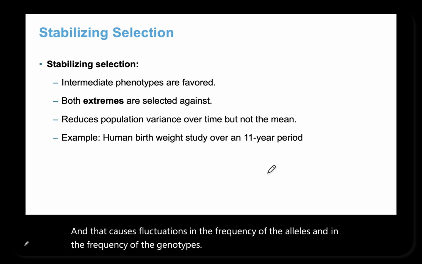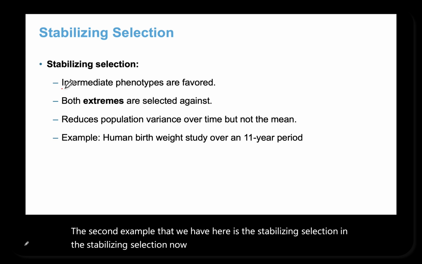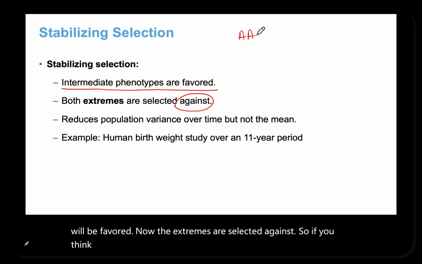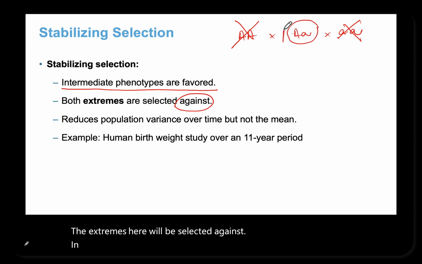The second example that we have here is stabilizing selection. In stabilizing selection, it is the intermediate phenotypes that will be favored. Now the extremes are selected against. So if you think about our initial example, the extremes here will be selected against, and the middle one, the intermediate, will be favored.